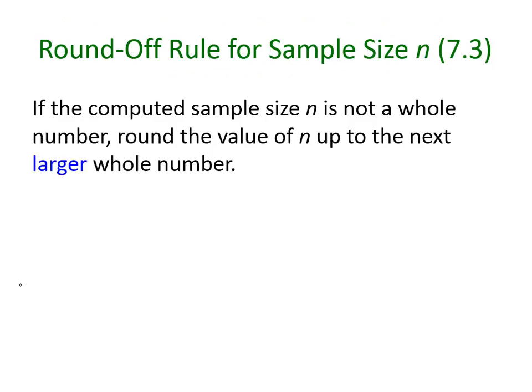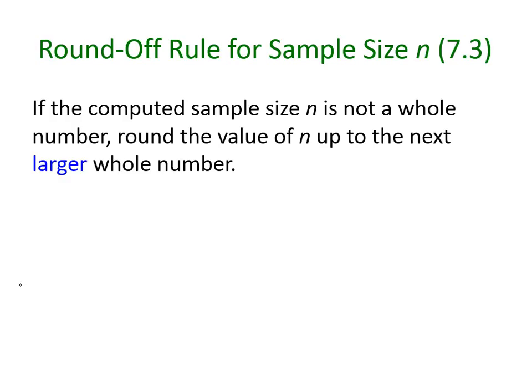Our round-off rule for sample size: can we sample half an M&M if we're going to the factory and trying to do a quick quality control test? Can you sample just part of an M&M? No. You either look at the M&M or you don't. And so you're going to have to count whole pieces, whole values.